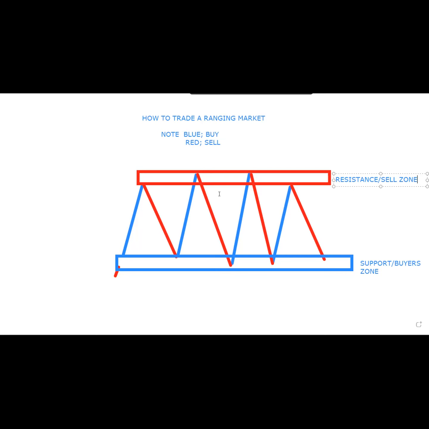Note, the disadvantage of this method is that the boundaries of the range can be overshot, thereby giving a false impression of a breakout.